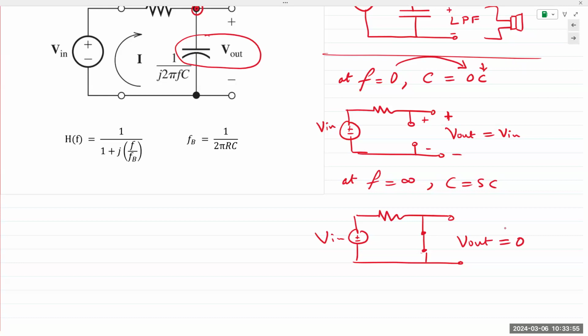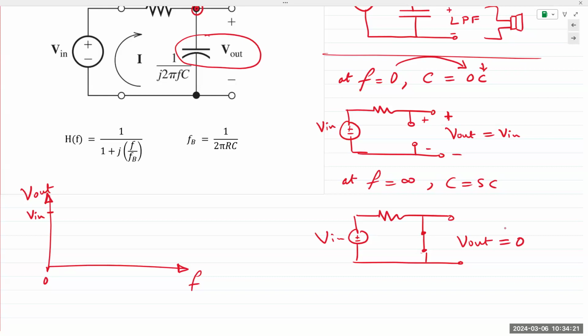An ideal filter, if you plot the output characteristic as a function of frequency, and this is V out, so V out as a function of the input frequency. Let's say V in had a frequency of 0, right? Output V out would have a value equal to V in.